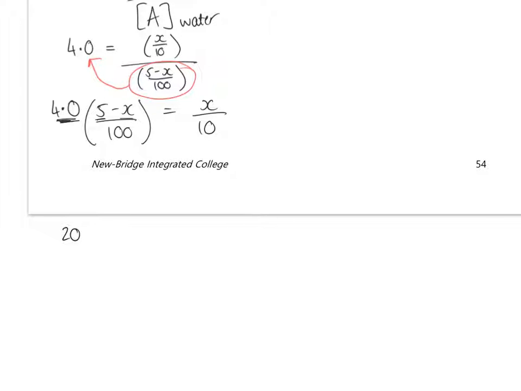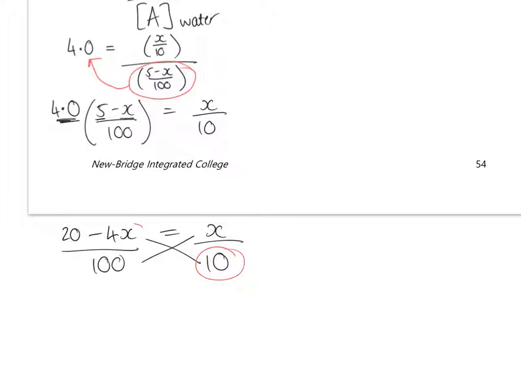And 4 times x is 4x, and it's minus x, so it's minus 4x over 100 equals x over 10. At this point, I can simply cross multiply. And so I'm going to have 10 multiplied by 20 minus 4x, so 10 (20 minus 4x) is equal to 100 times x.